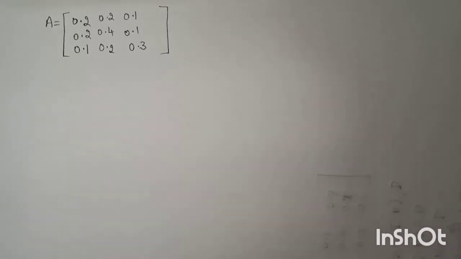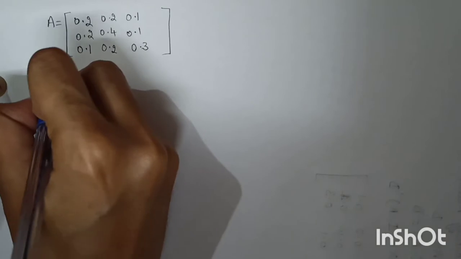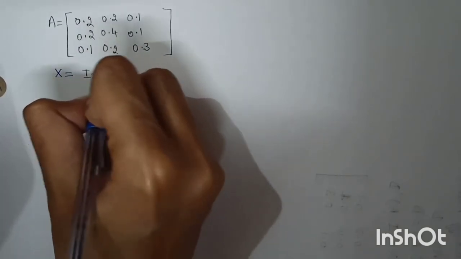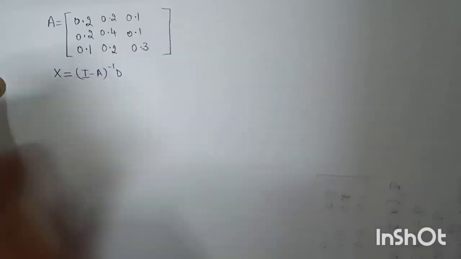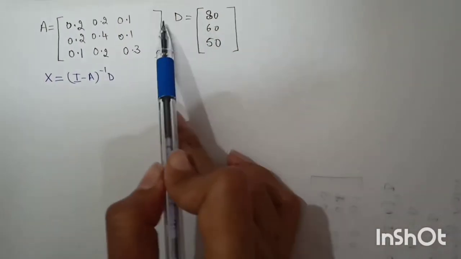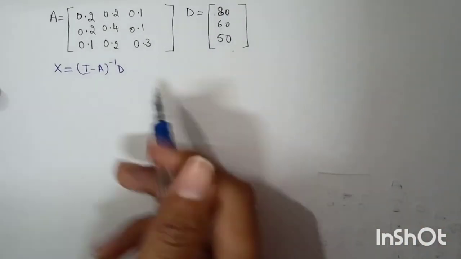So students, as you are seeing, the A matrix is this and we have to find our X matrix, (I minus A) inverse into D. Here D is 80, 60 and 50. So let's find this.